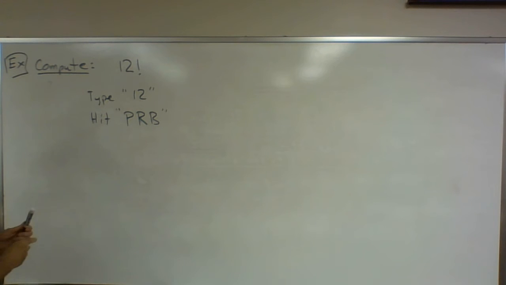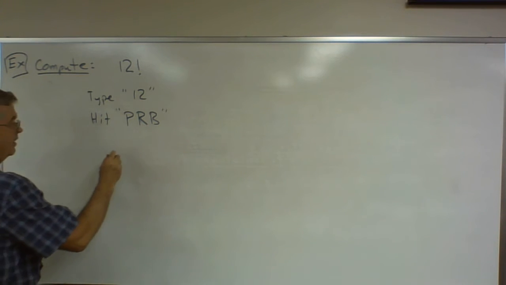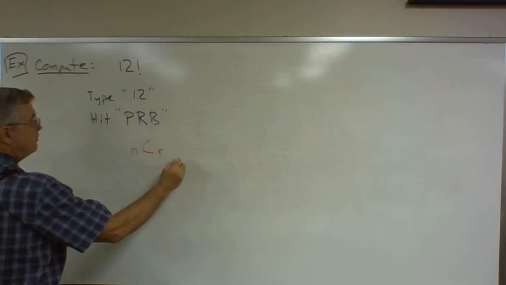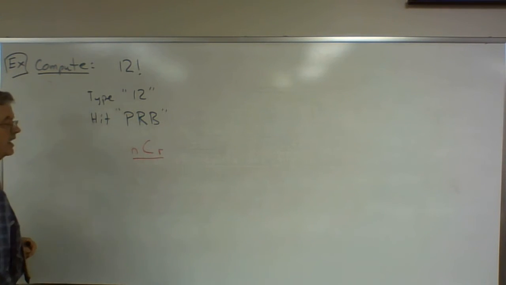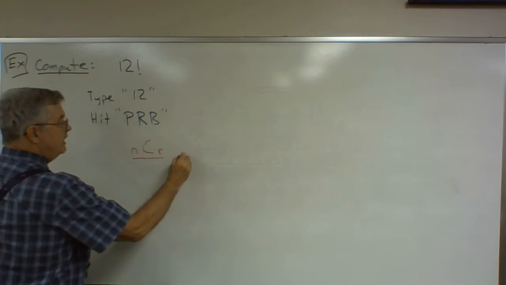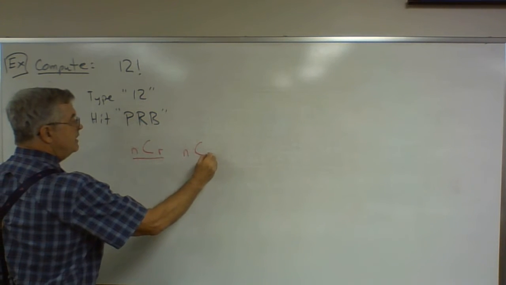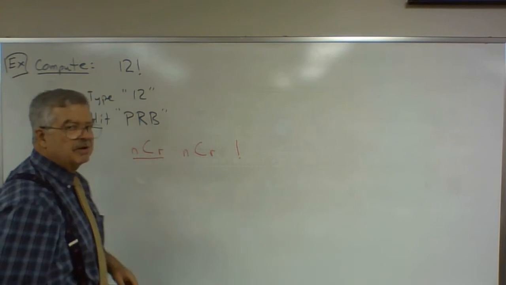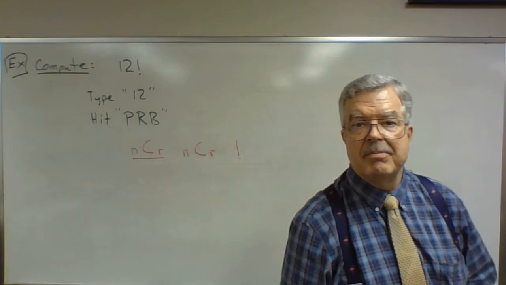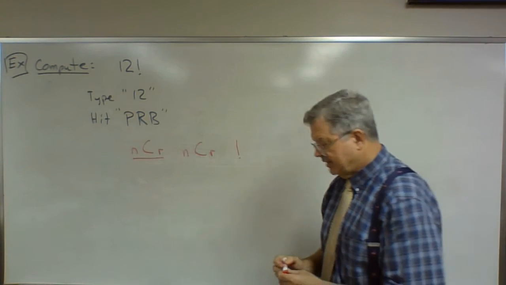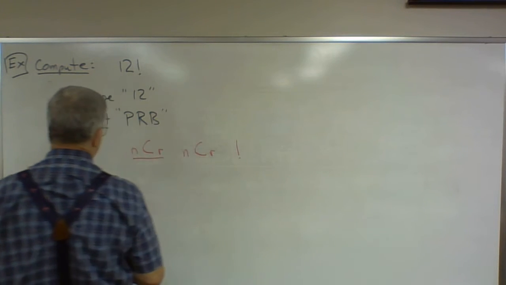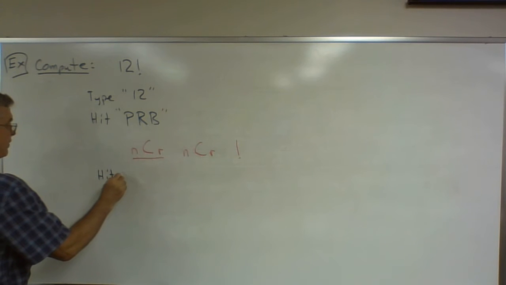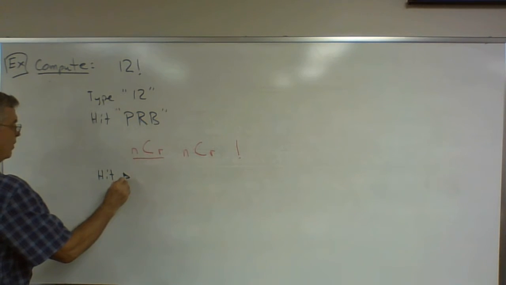And this is what we're going to see. We're going to see NPR, and it's going to be underlined. We're going to see NCR, and we're going to see factorial. And what we do is we hit the right arrow key twice.